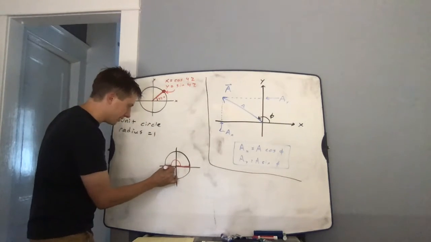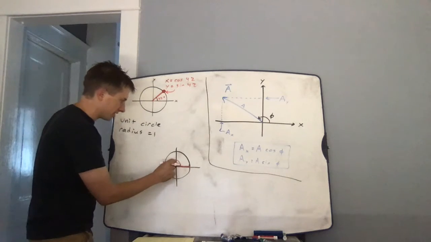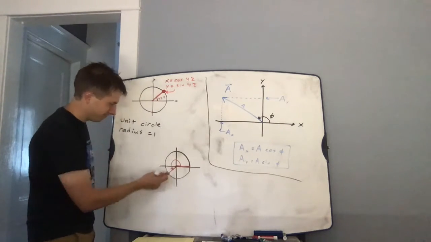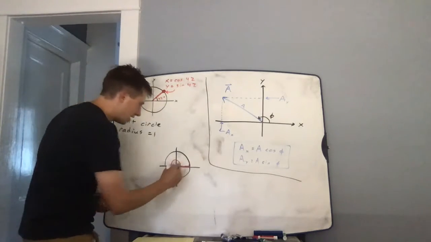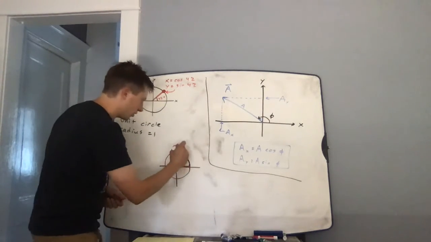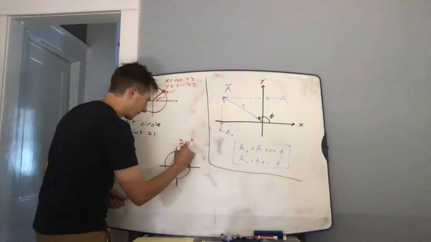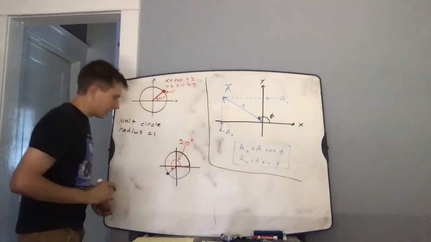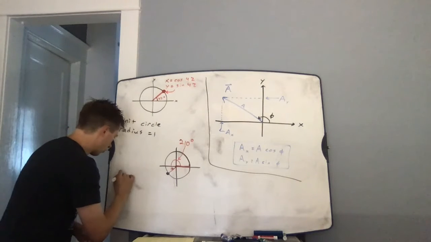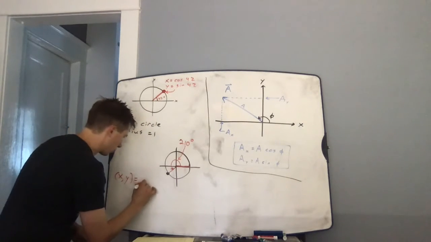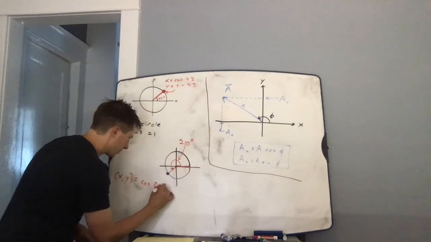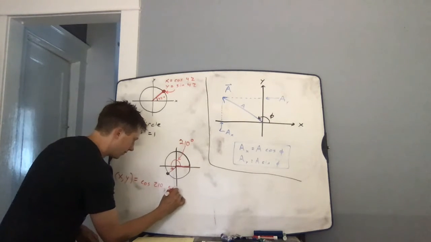This angle is much bigger. This angle is 90, 180, let's say 30 more. So 180 plus 30 is 210. So this angle here I drew is 210 degrees. The xy coordinate of this point on the unit circle is cos 210, sine 210.